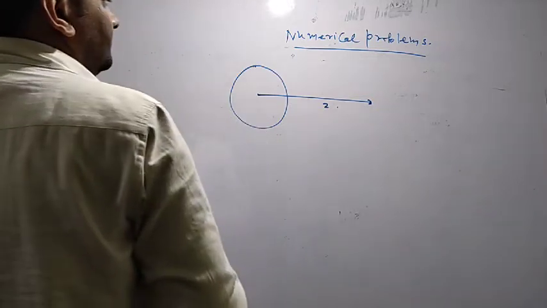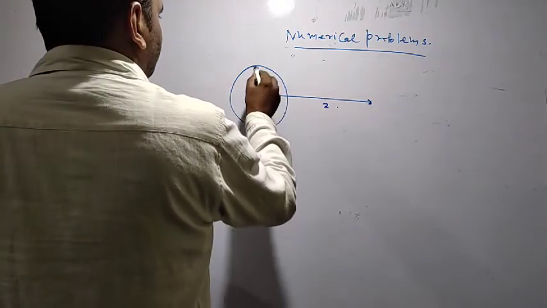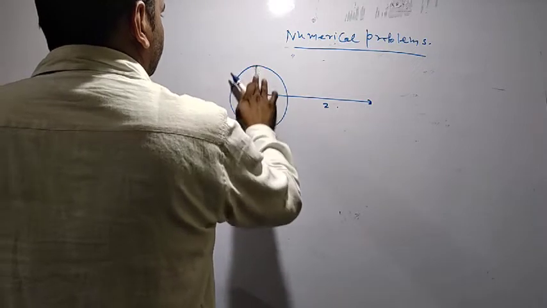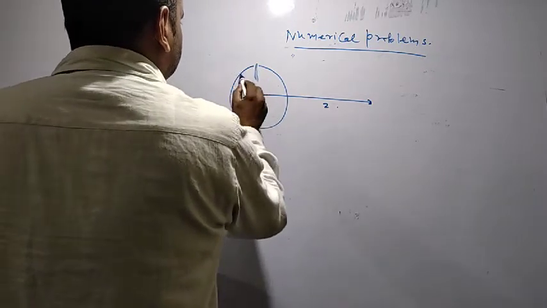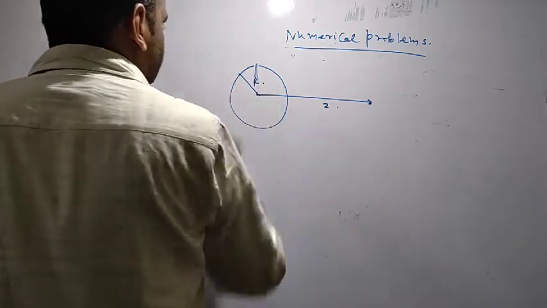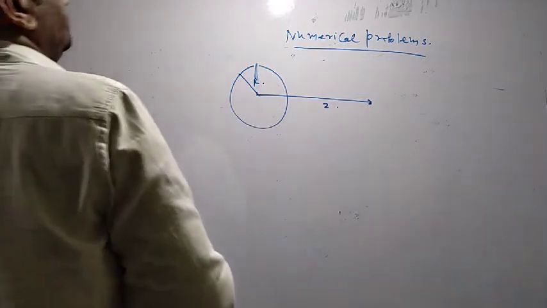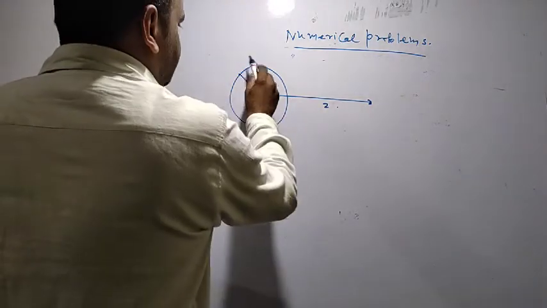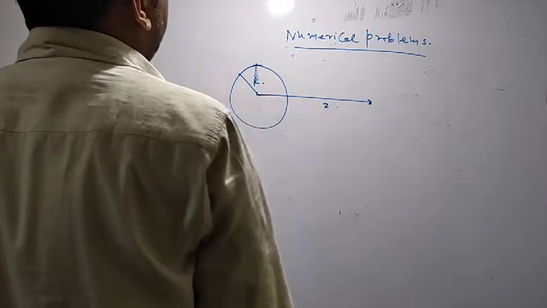Okay, and this radius was r, I think. This is r, this is the radius.